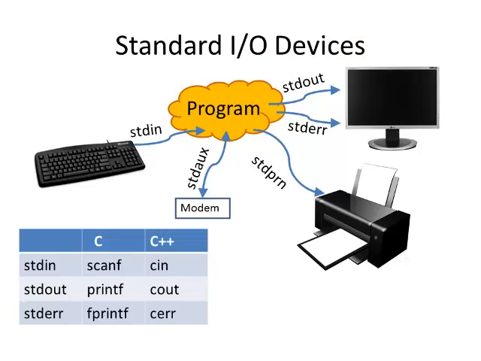We have some standard I/O devices, and as far as a program is concerned, when a program first loads from the disk, the operating system automatically opens these five files. Well, not all are used anymore, but we have the standard input, and the default device is our keyboard. The standard out and standard error devices, the default device is the display.